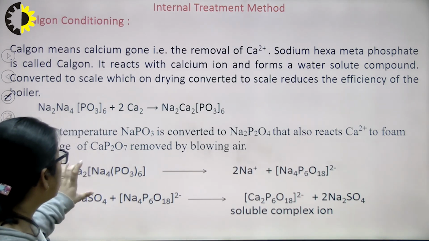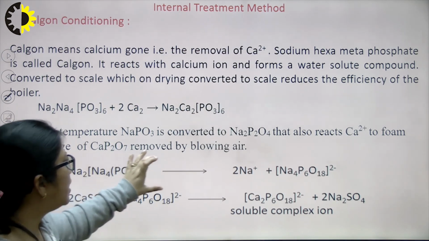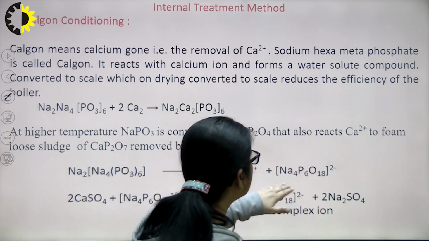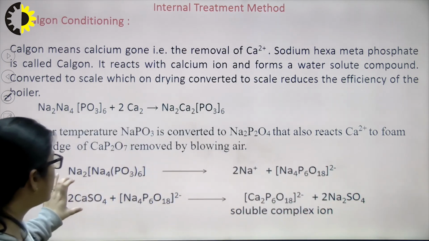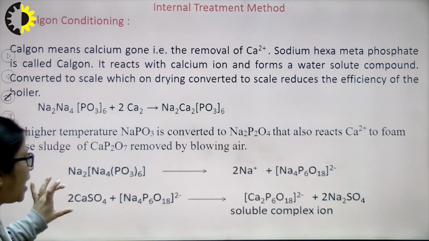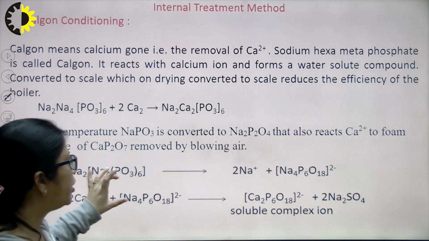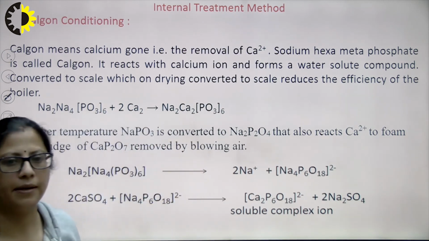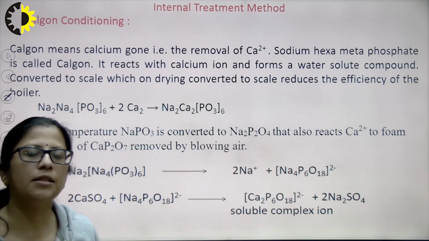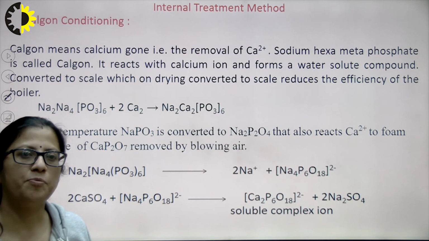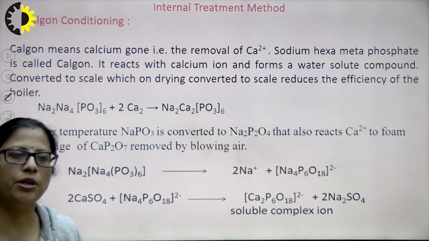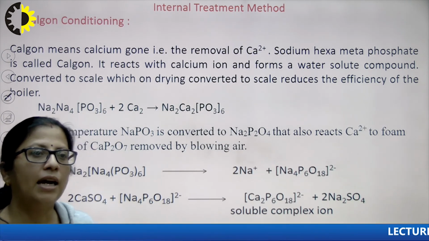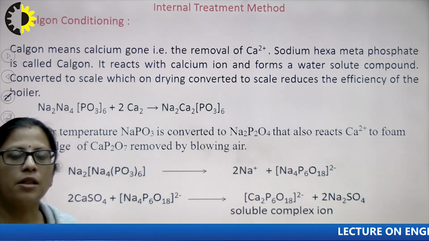Here you can see this is the Calgon. The Na is removed and the ions are produced. These react with the hardness causing ions, that is the calcium ions, to produce a soluble complex ion. So these calcium ions do not move out as precipitate, they remain in solution form, and this is the main function of the Calgon, so that scale formation does not take place.